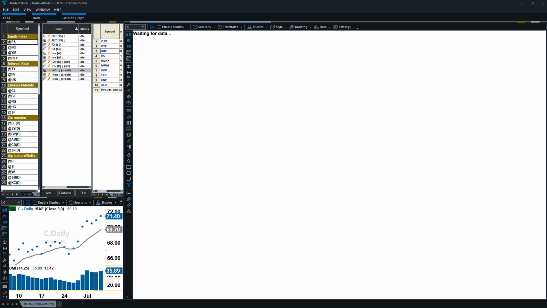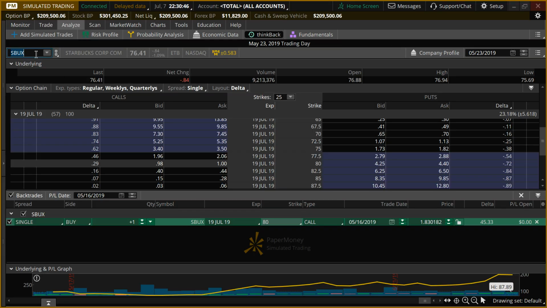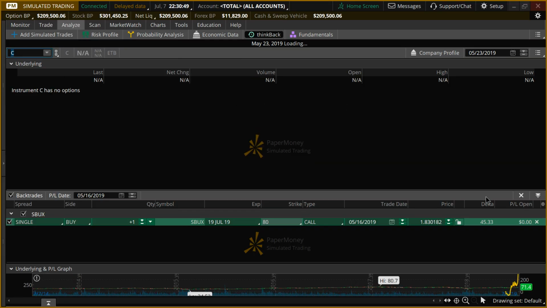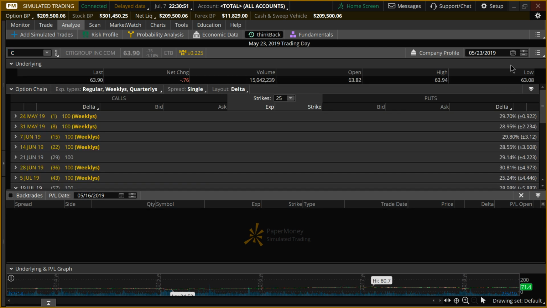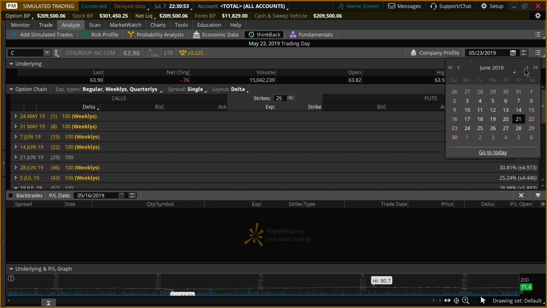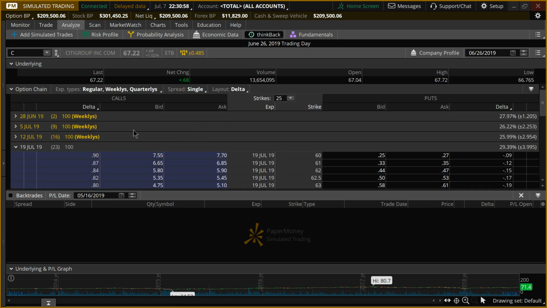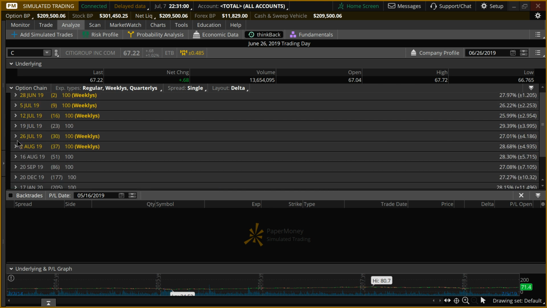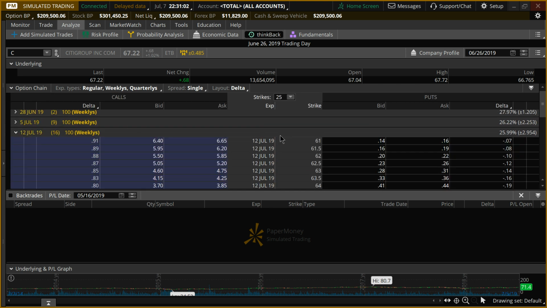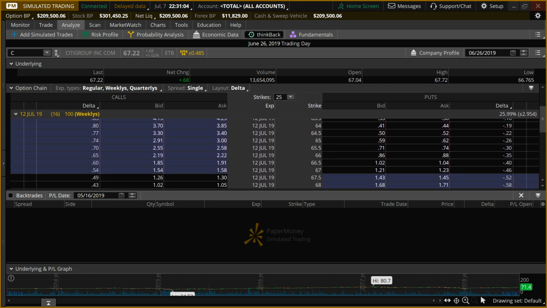So I'm gonna get Citigroup here as well. June 26. Okay, so I'm loading the historical prices for the options. Okay, I said that we were going to use July 12 in this case. Okay, so I'll be looking into that in just a sec.